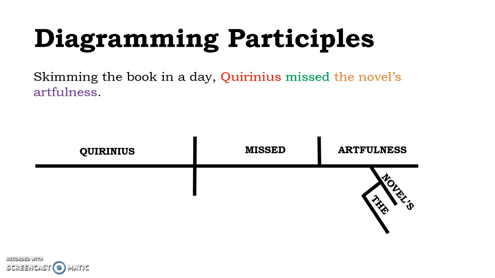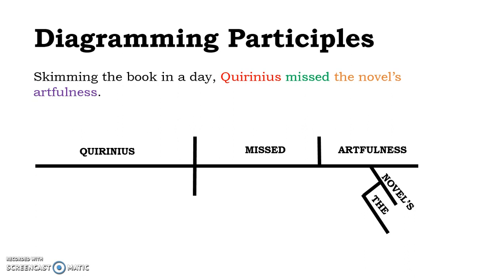Right? So I string them together like this. You don't have to worry about this for the quiz, but it's something to know that's helpful about diagramming. This is one of those cases when you have a possessive adjective, a modifier modifying a modifier. Okay. But now the real thing that we're trying to learn is this, how to diagram this participle right here.